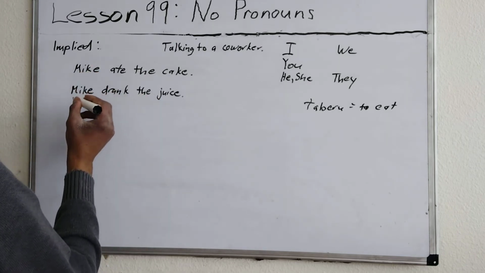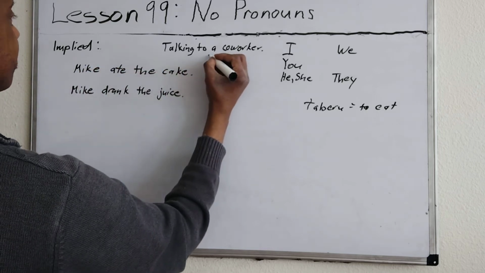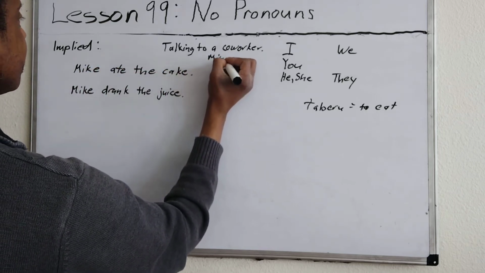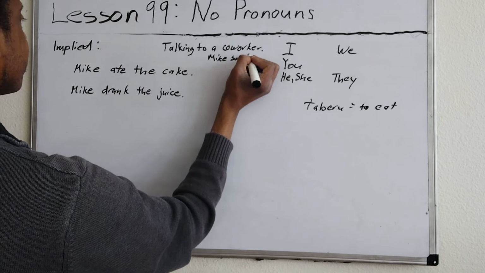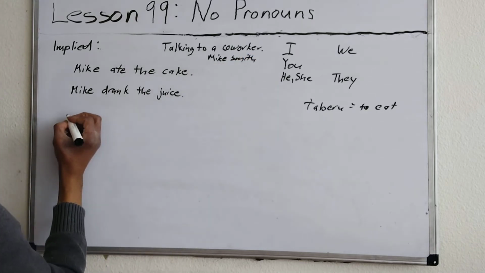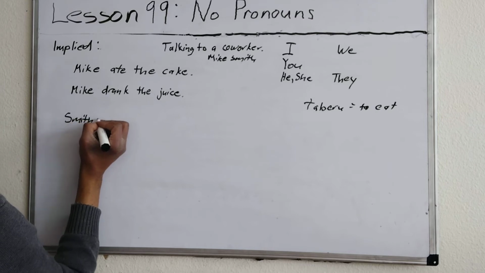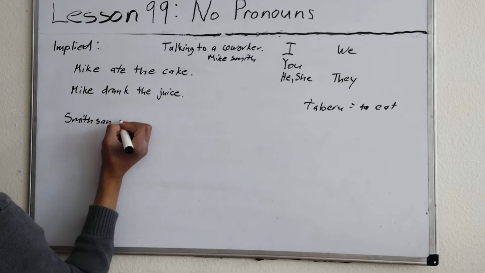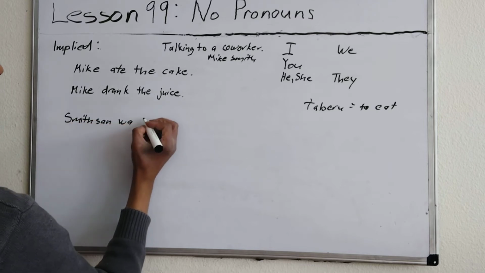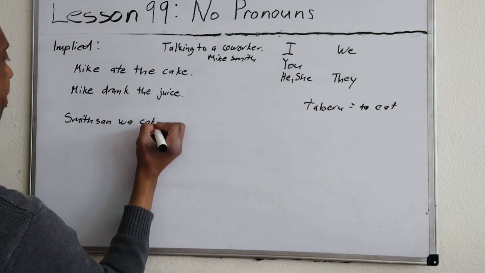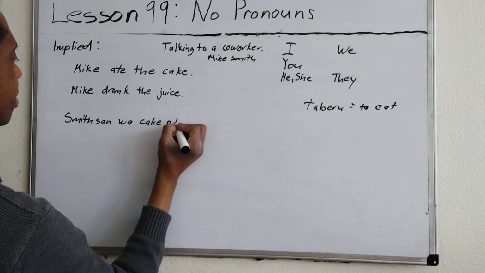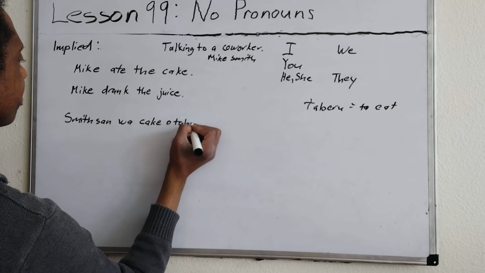First we would start off, remember Mike's last name is Smith, okay? We would start off saying, Smith-san wa cake o tabemashita.